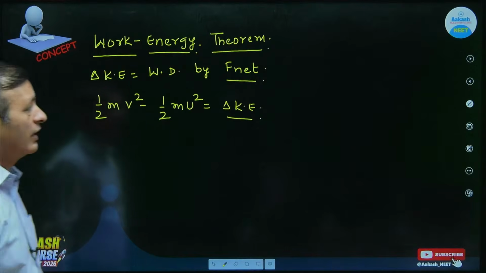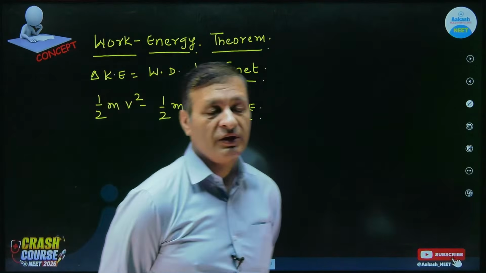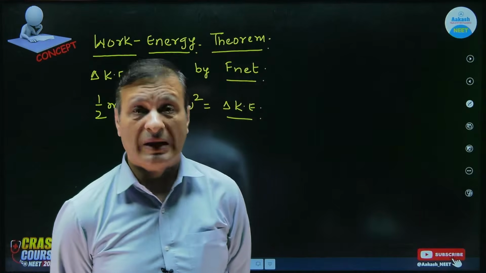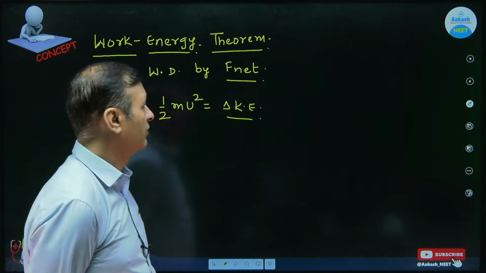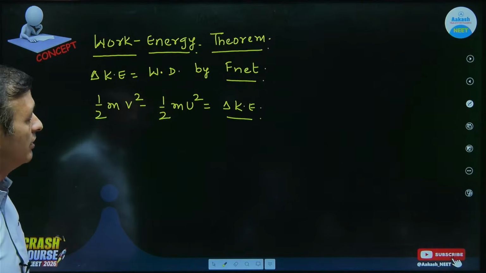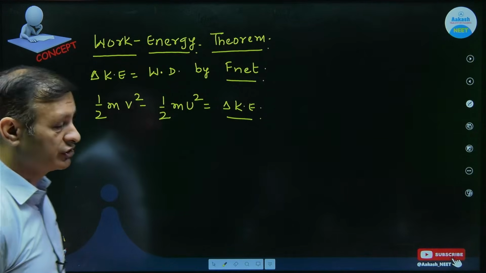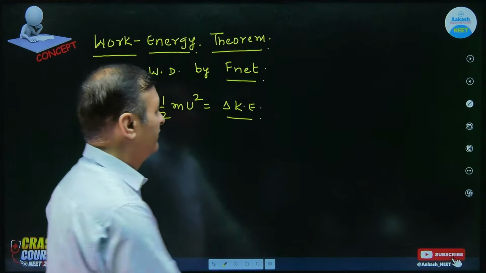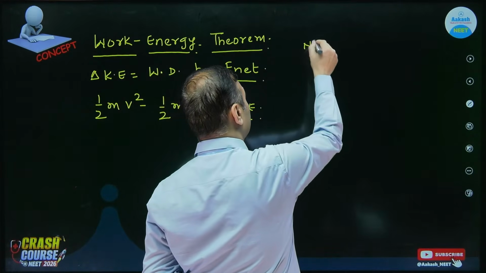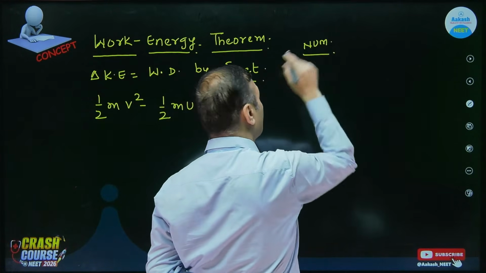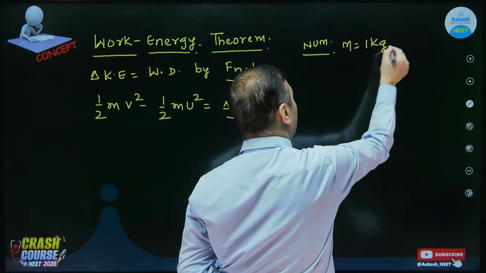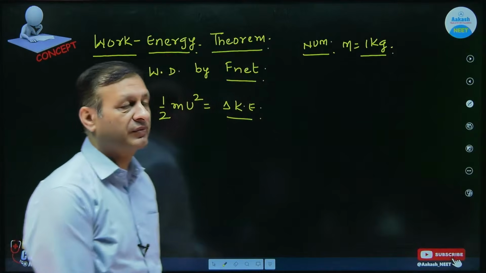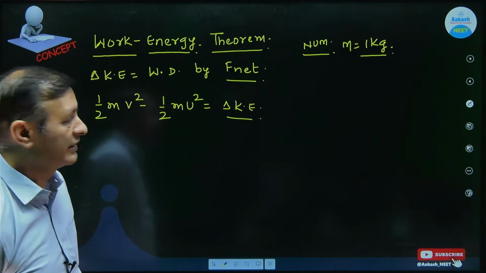So this is again one very important area from which you may be asked numericals or maybe conceptual questions. Got it? Now let's pick one numerical which is quite famous in this situation. Keeping the data simple, let's keep mass as 1 kg.